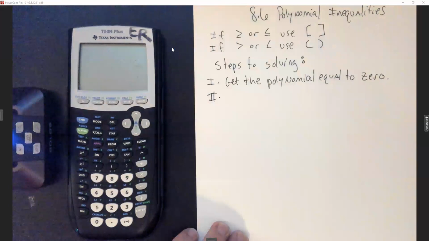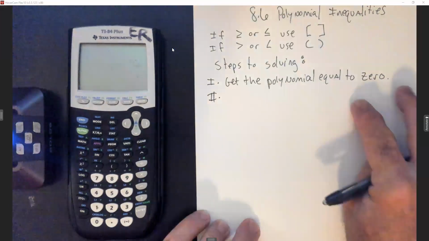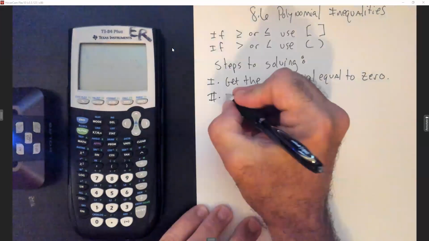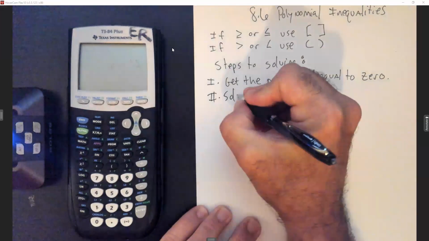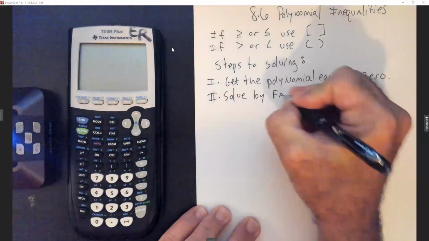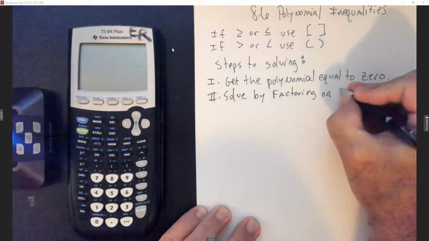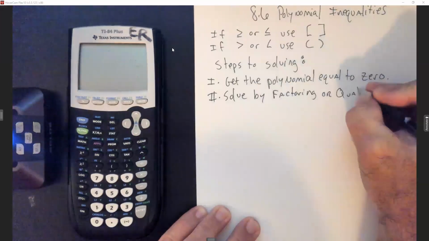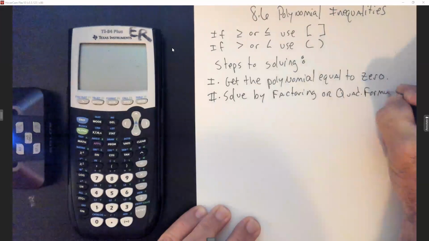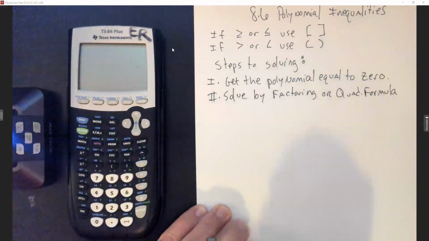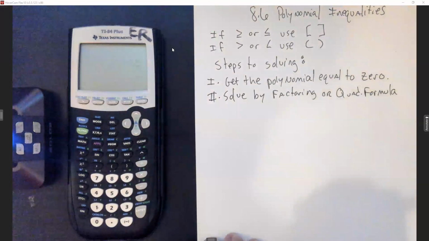Once we got the inequality equal to 0, you can solve by factoring, or you can use the quad formula. Since we're dealing with quadratic polynomials, you can use factoring or the quad formula either way to solve these.